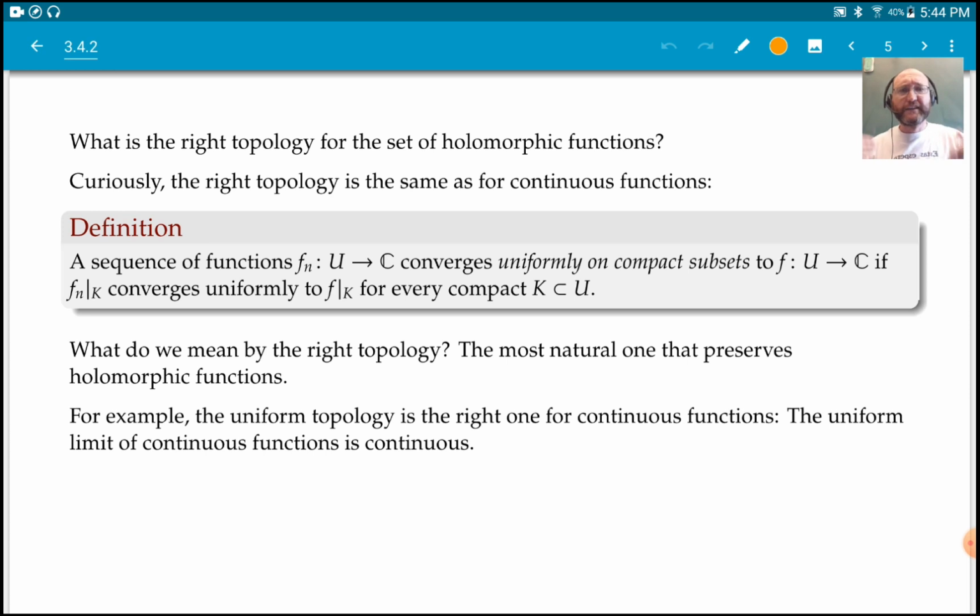If I have a sequence of continuous functions and it converges uniformly on compact subsets, then it converges uniformly on every one of those disks. So it's continuous in every disk, therefore it's continuous everywhere, because continuity is a local notion. And really the same idea is true for holomorphic functions.